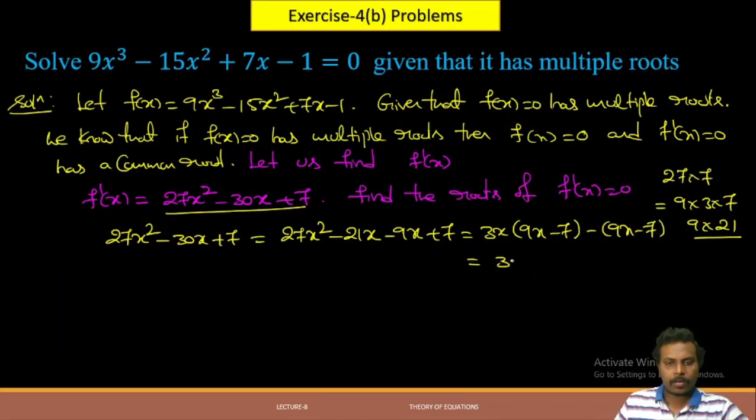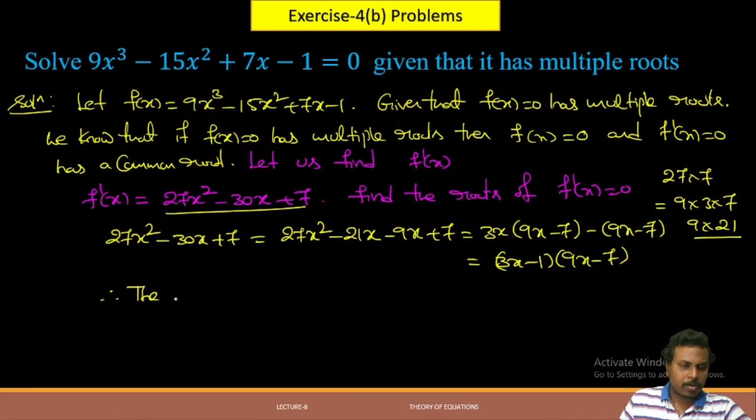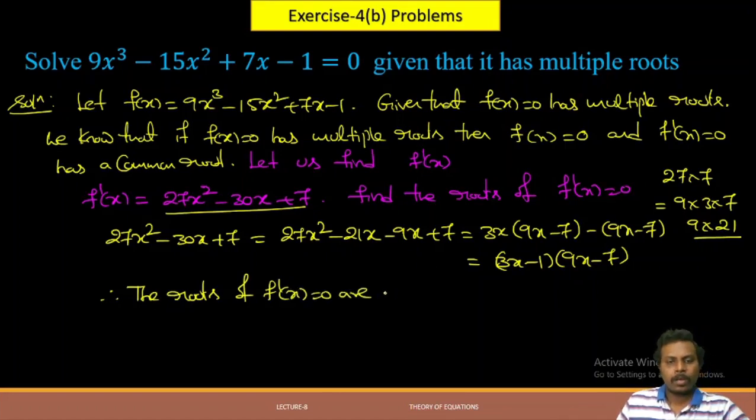That is equal to 3x minus 1 into 9x minus 7. So therefore the roots of f dash x is equal to 0 are 1 by 3, 7 by 9.